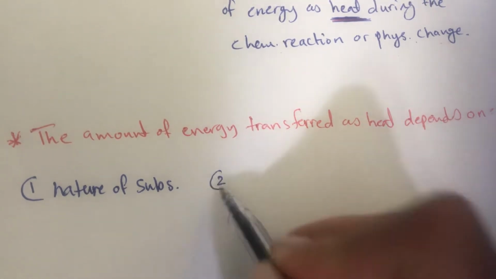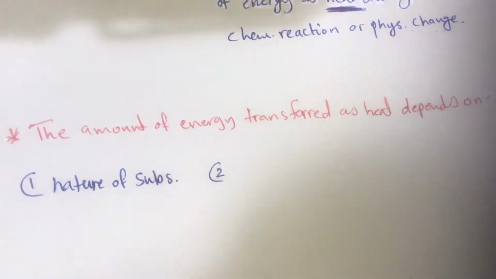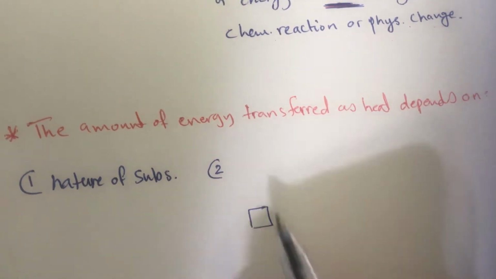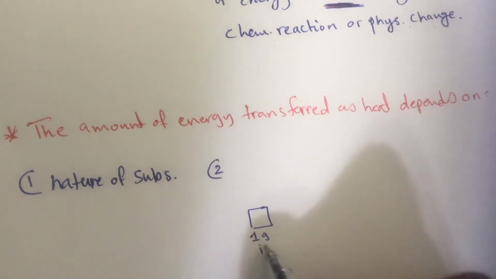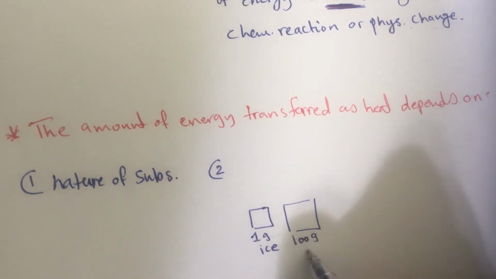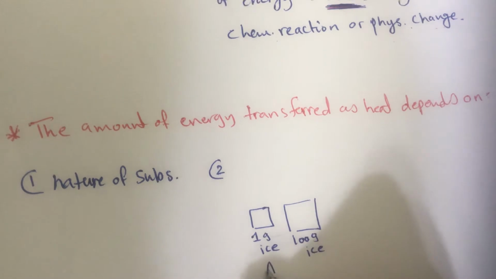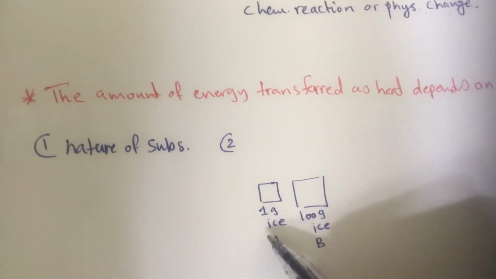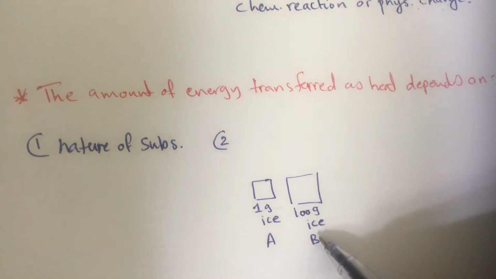The second one: if you have, for example, 1 gram of ice or 100 grams of ice. So in this case, A, you have 1 gram of ice, and B, 100 grams of ice.